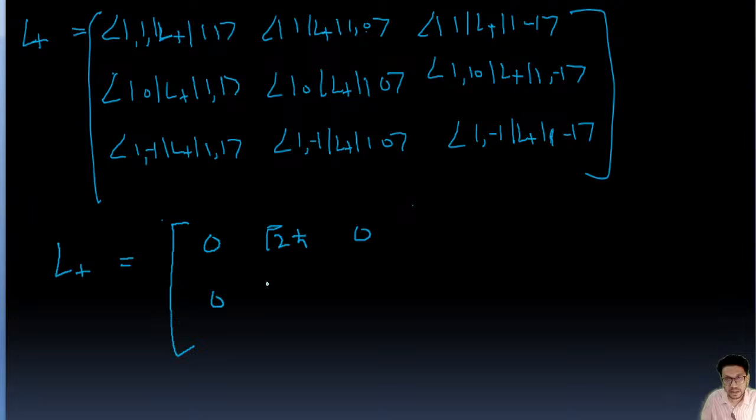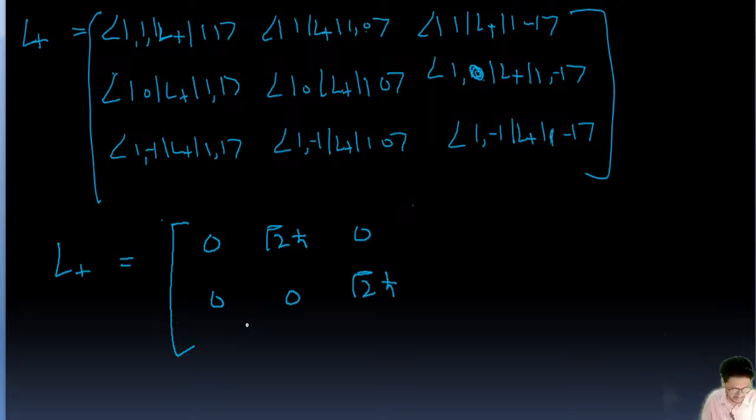Similarly here these two are going to be 0. This value is 0, right? This state is 1 0, so m is minus 1, and m plus 1 is 0. So if we put the value of m as minus 1 and l value as 1 into the root of (l minus m)(l plus m plus 1) ħ, this value is going to give root 2 ħ.